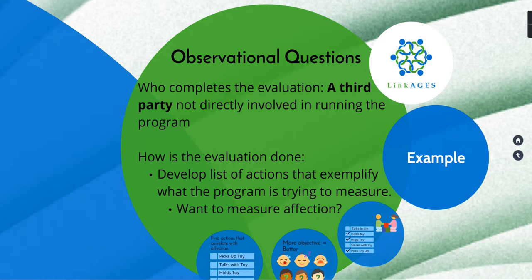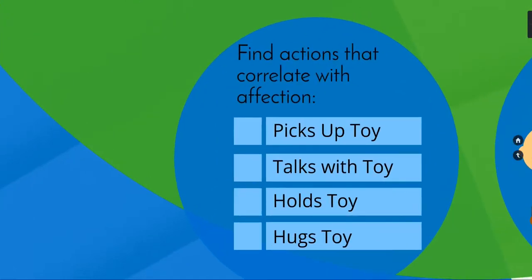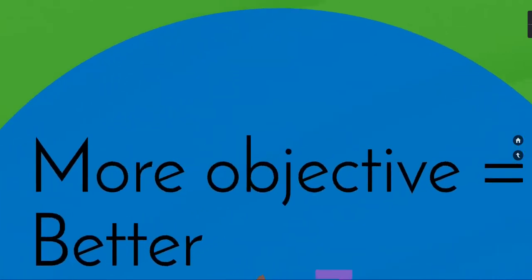First, the program facilitators develop a list of actions that align with what the program is trying to measure. So, if the program is measuring toddler affection towards a toy, it would probably have a list of actions that looks like holds the toy, smiles at the toy, hugs the toy, etc. You'll want these actions to be things that are objective towards your measurement, meaning that the action cannot be interpreted in different ways.